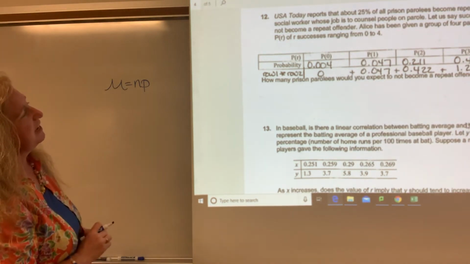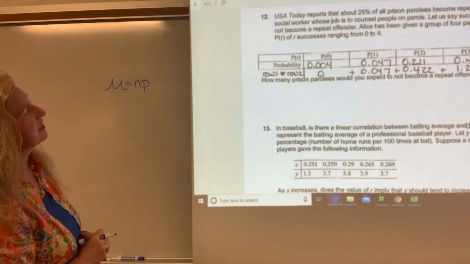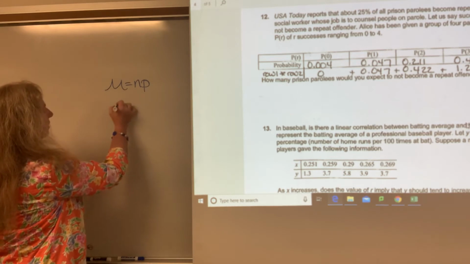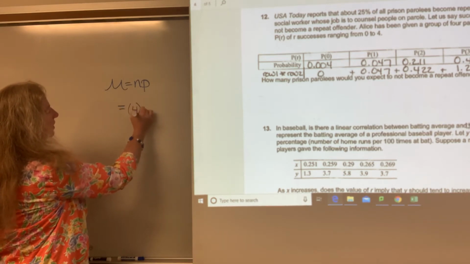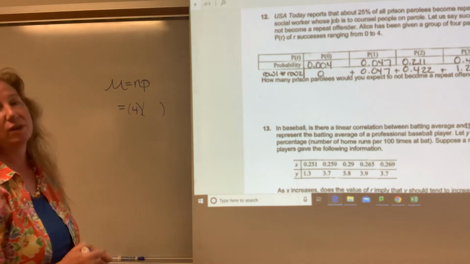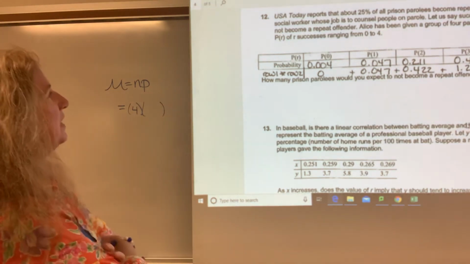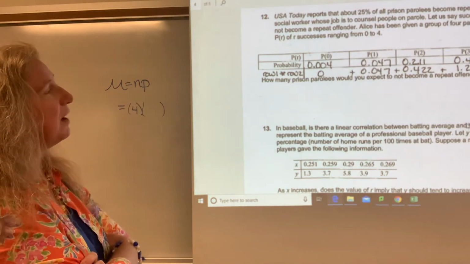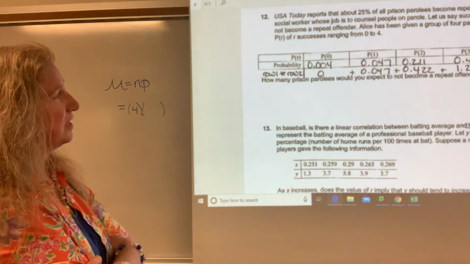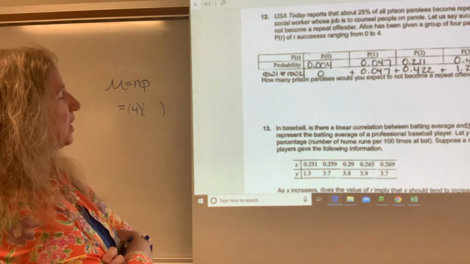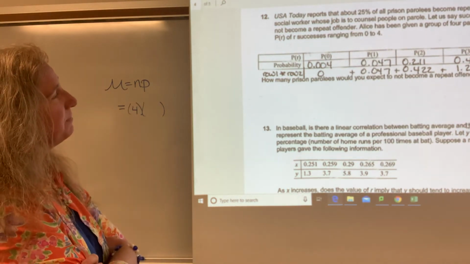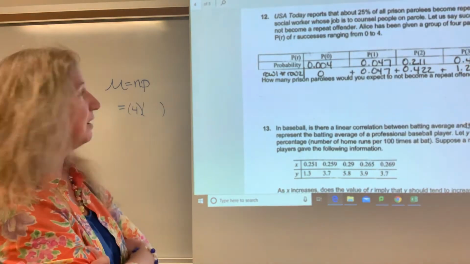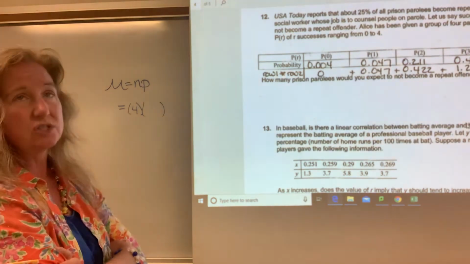What is n? N is 4 because it says there are 4 parolees. So n is 4. Here's the tricky part. What's the probability? So now let's read it. USA Today reports that about 25% of all prison parolees become repeat offenders. Alice is a social worker whose job is to counsel people on parole. Let us say success means a person does not become a repeat offender. So does not.